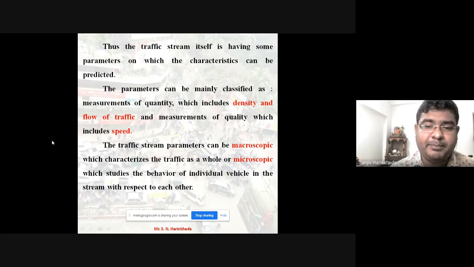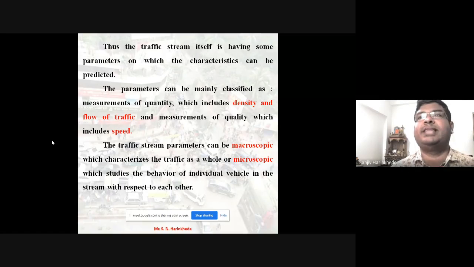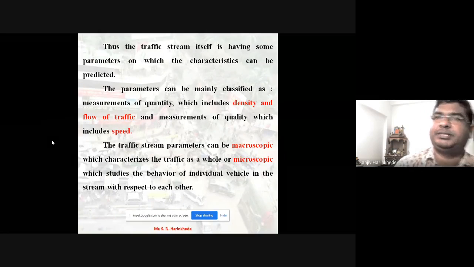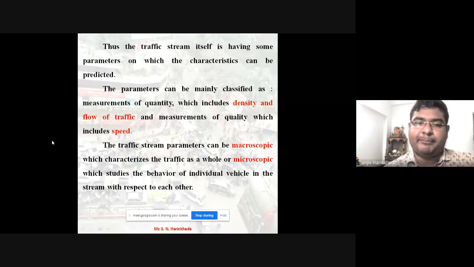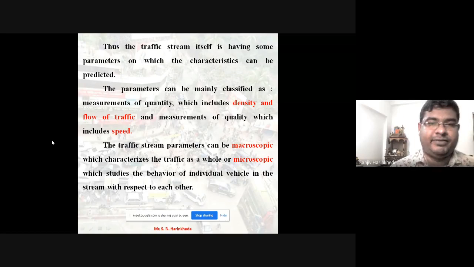The traffic stream parameters can be macroscopic, which characterize the traffic as a whole, or microscopic, which studies the behavior of individual vehicles in the stream with respect to each other. That's why I'm saying that today's topic is based on microscopic and macroscopic behavior of traffic engineering.